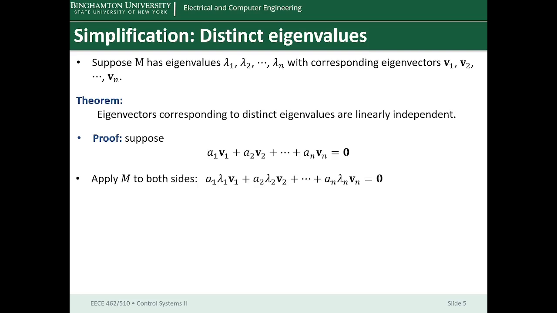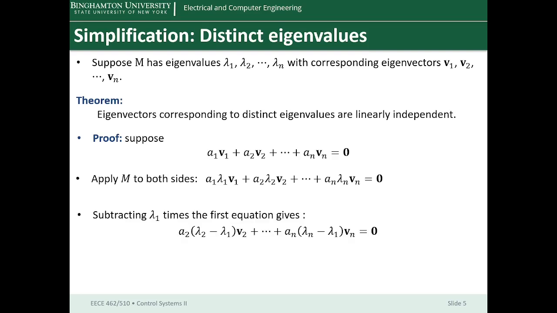Next, we apply M to both sides of this equation. Because each eigenvector is scaled by its corresponding eigenvalue, we get a new equation, a1 times lambda 1 times v1 plus a2 times lambda 2 times v2, and so on.